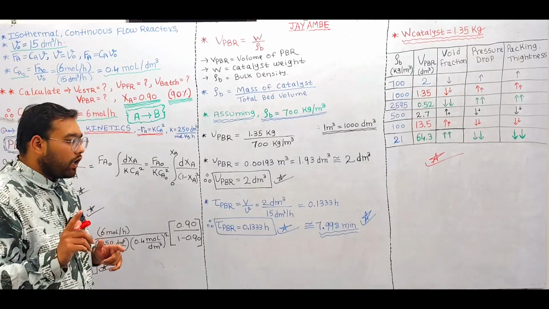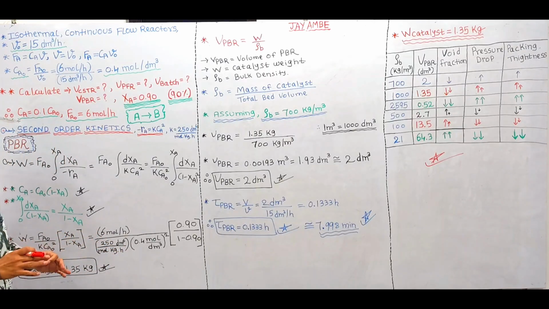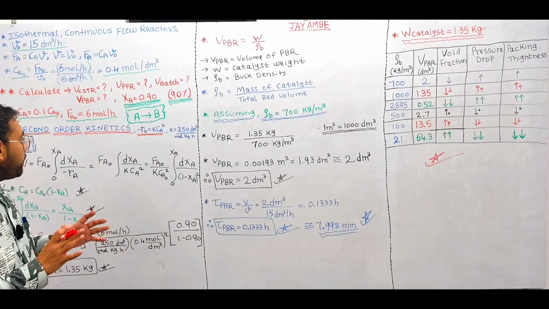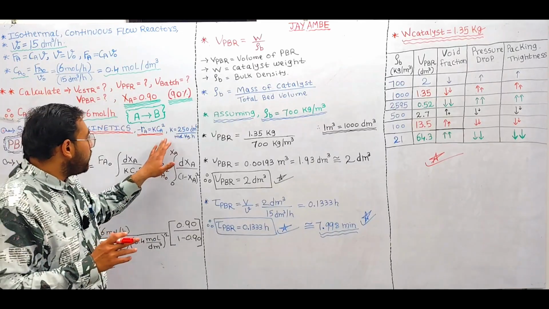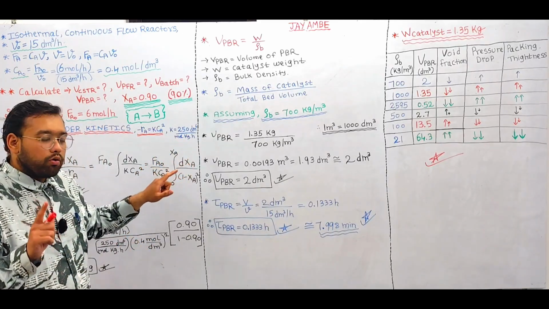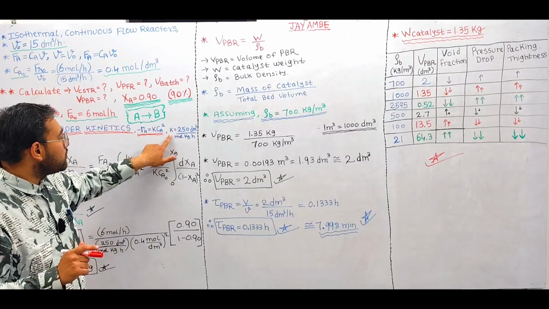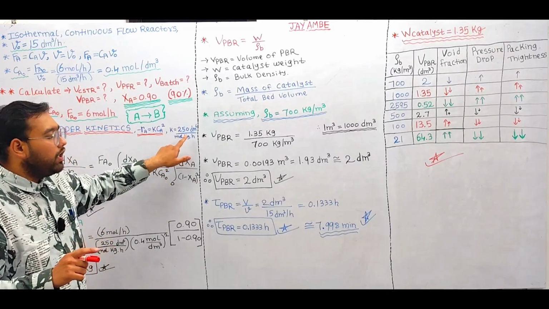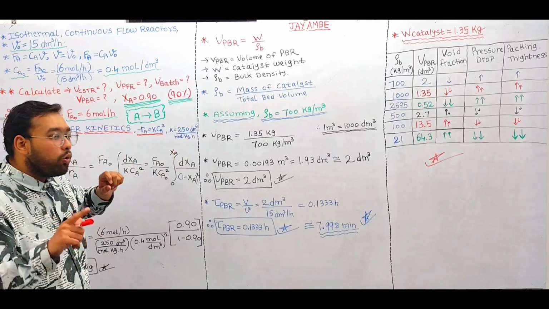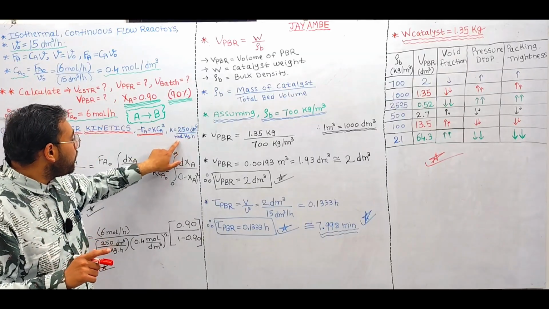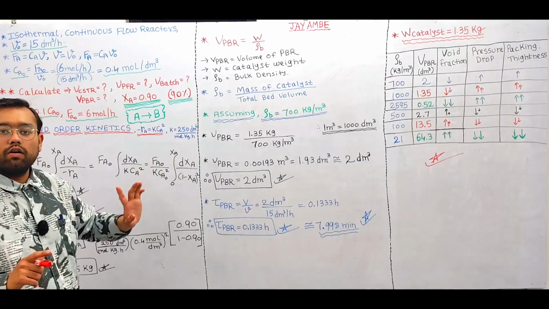Now we are designing the packed bed reactor, which means the rate constant unit has changed. So the rate constant unit is 250 (dm cube) whole square divided by mole per kg catalyst hour, okay?